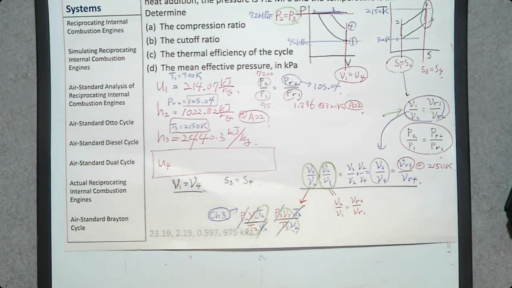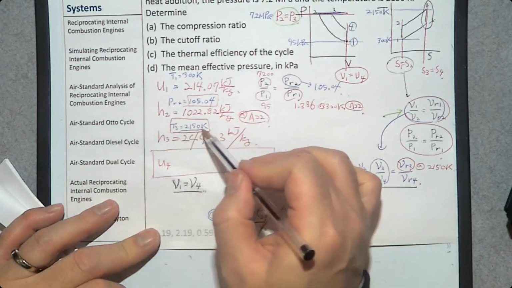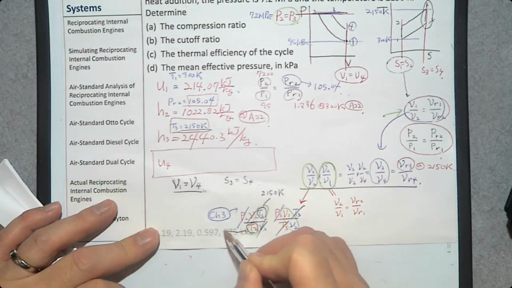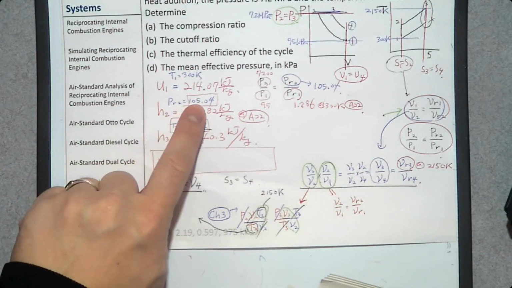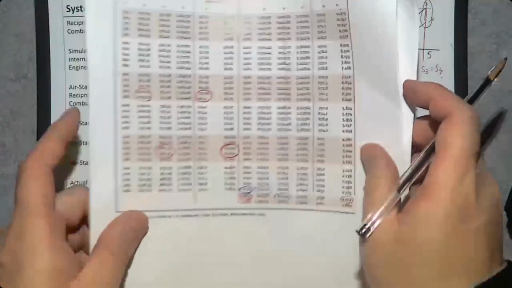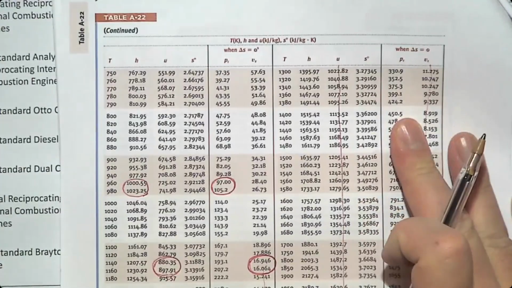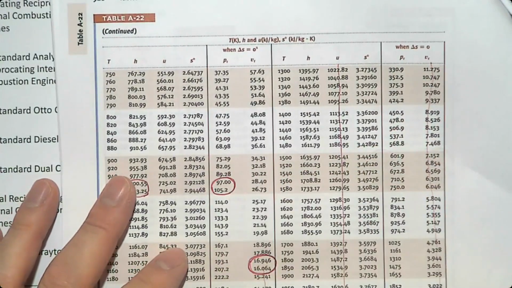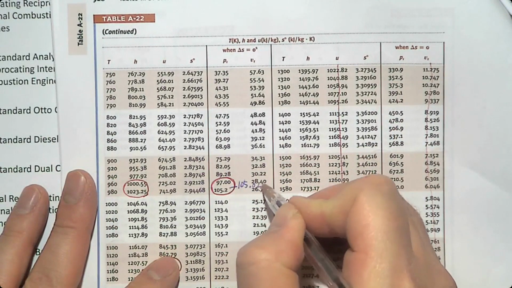So let's do that. T3 is, by the way, 2150 Kelvin, and T2 we do not know. However, we can calculate that because we know PR2 is 105.04. It is between these two values, 105.04.